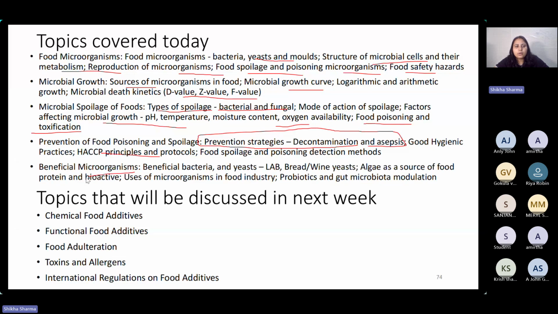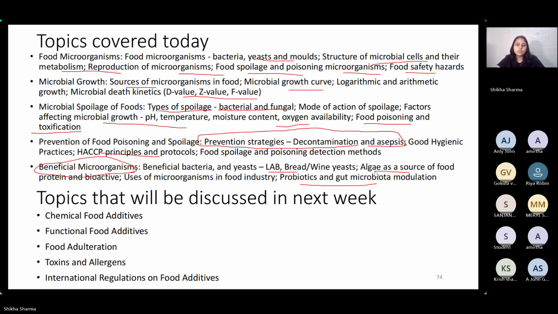And we discussed the positive, beneficial role of microorganisms, like their use in the fermentation of breads and sauerkraut. Probiotics can be used for gut microbiota modulation and help reduce inflammation.